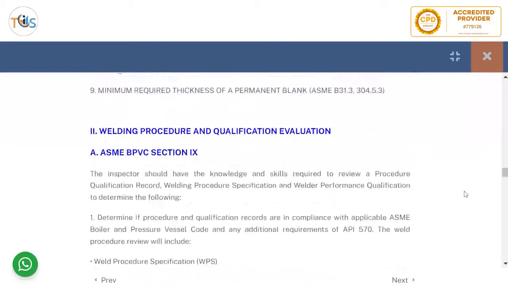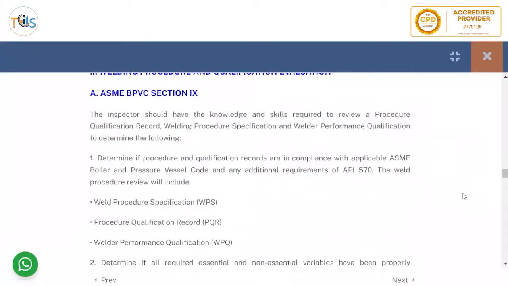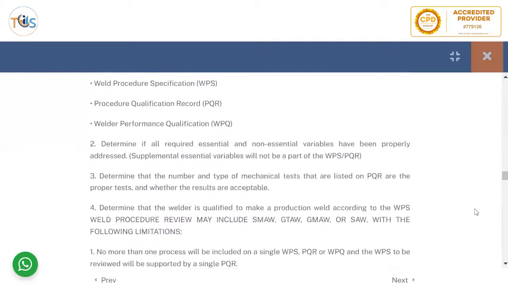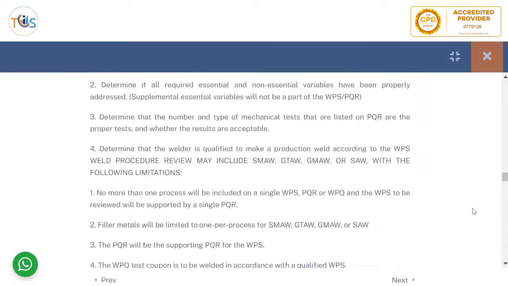Procedure and qualification evaluation. This is ASME Section 9, so you should know about WPS, welding procedure specification, and PQR, procedure qualification record, which validates the WPS. You should know about welder performance qualification, WPQ, essential and non-essential parameters, and the types of mechanical tests for PQR and WPQ.